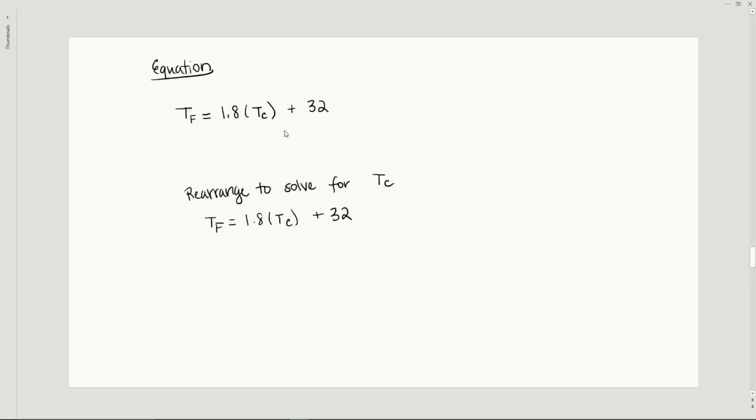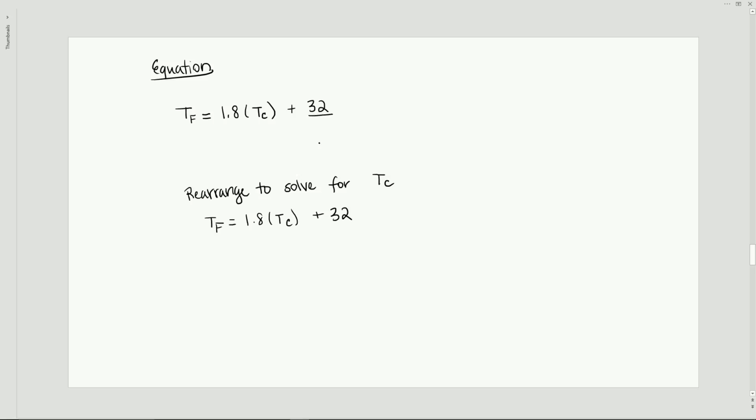So the equation to convert from Celsius to Fahrenheit is: the temperature in Fahrenheit equals 1.8, which is our ratio that converts the temperature from Celsius to Fahrenheit, times the temperature in Celsius, and then we adjust for the freezing point with the 32.